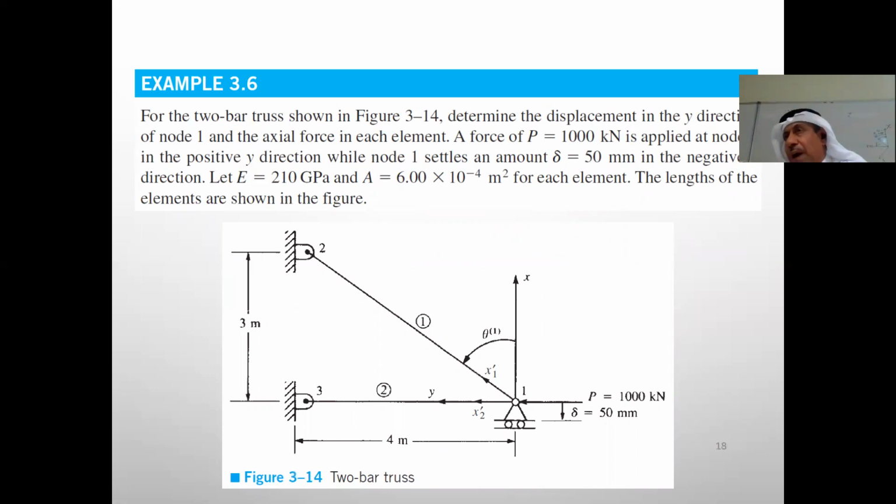What about node number 1? Which one is 0? Is it U1 or V1? We don't know it. Which one do you know? You know U1 or you know V1? You know U1. U1 is 0 because it's vertical. You don't know the V1.